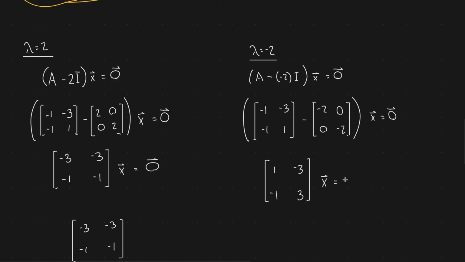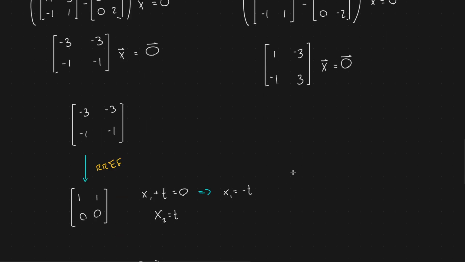And hopefully you've done this enough times that you recognize, okay, these columns are linearly dependent, right? They're scalar multiples of each other. So once I find the reduced row echelon form of the matrix, I'll get a free variable, which is what I want. Okay. So let's find the reduced row echelon form.